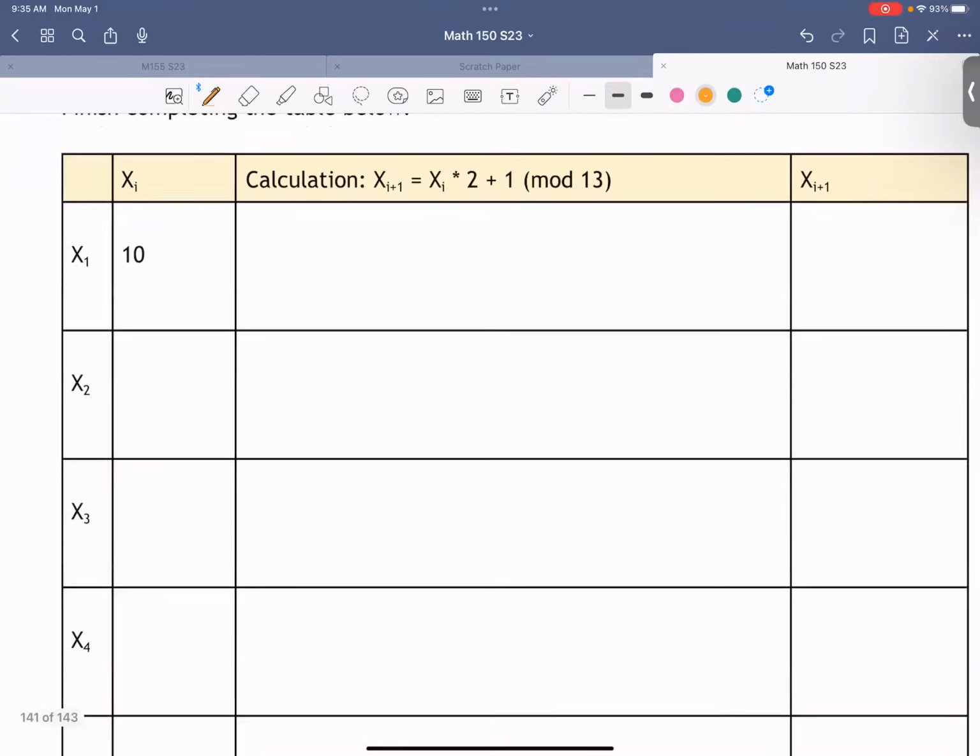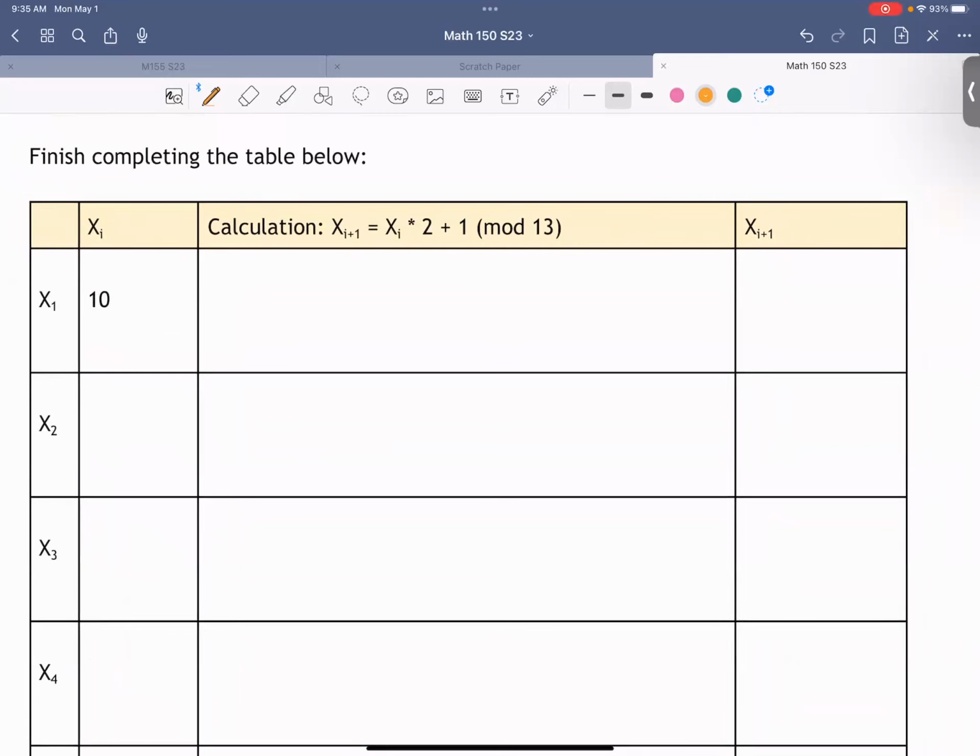Why don't we start with this? Our first number in our sequence, x0, is 10, right? If I want to calculate x1, the next number in my sequence, I'm going to do 10 times 2 plus 1. That's 21, right? But 21 isn't a number that I want. I want all my numbers to be between 0 and 12.